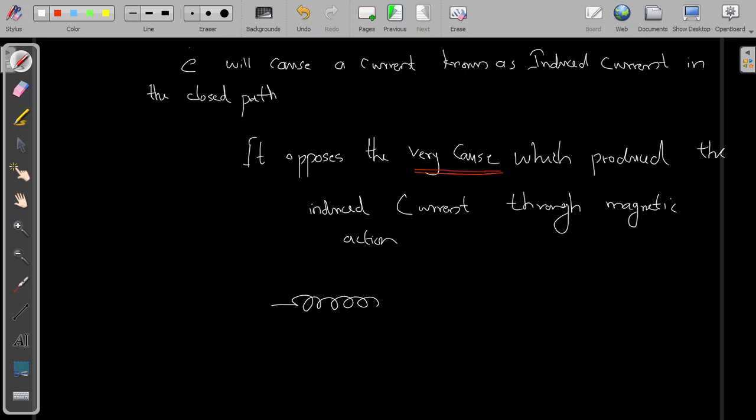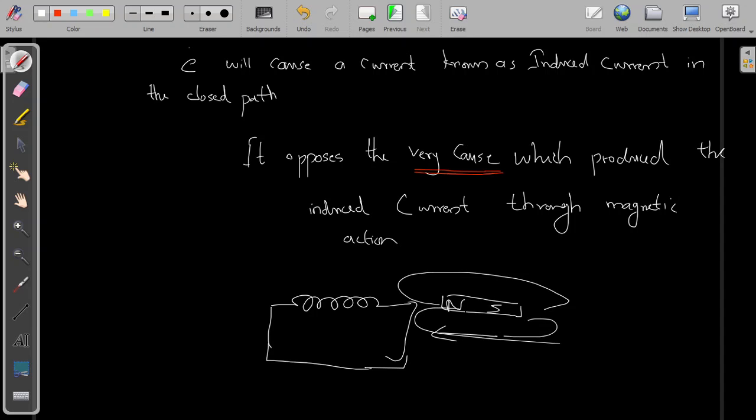We have a coil like this, connected through a galvanometer, which I'm not showing here, and a north and south pole bar magnet is moving like this, so that the flux linkages will change as it moves from right to left, according to Faraday's law of electromagnetic induction, that is, the second law.